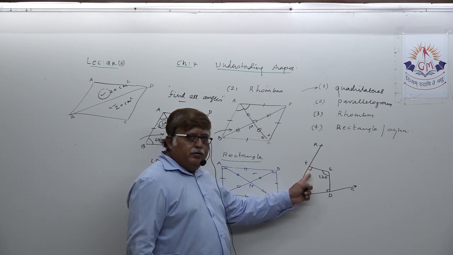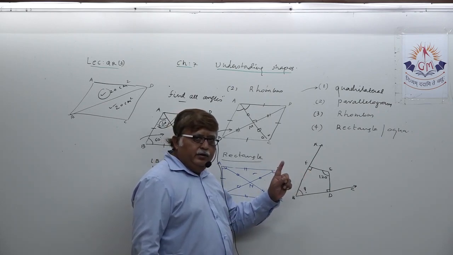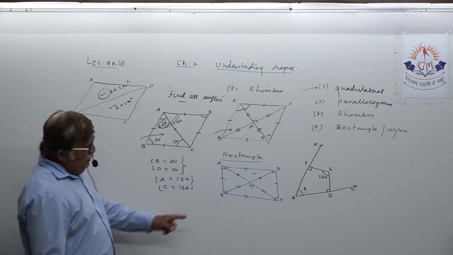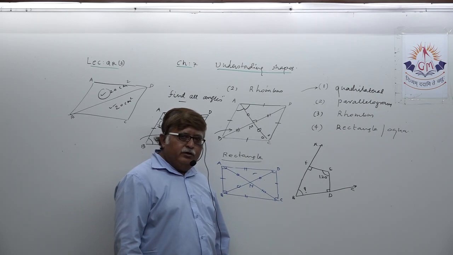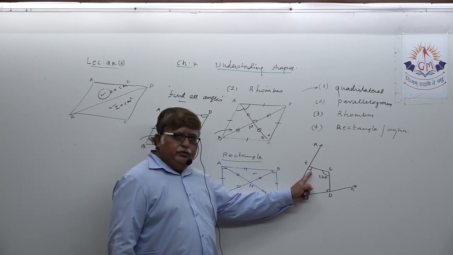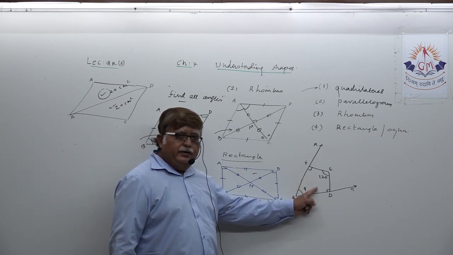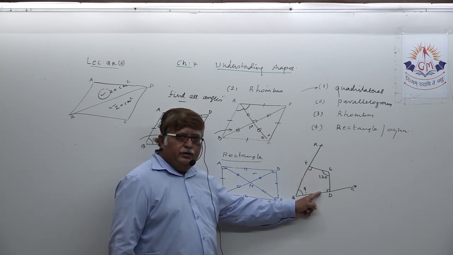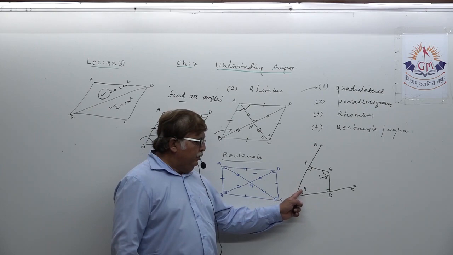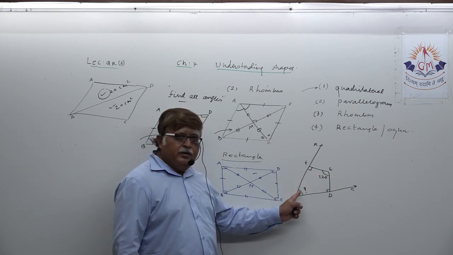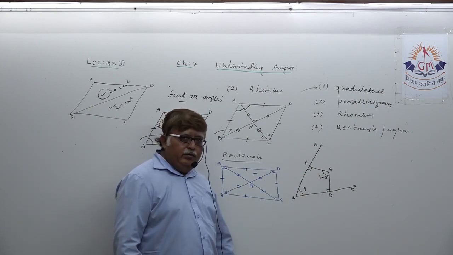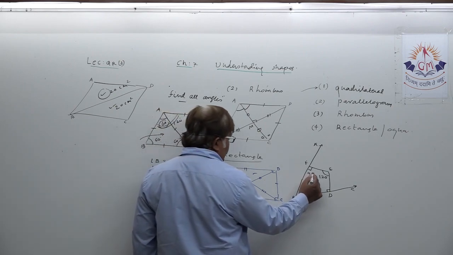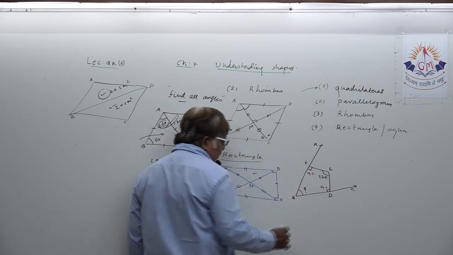Now regarding the quadrilateral, your mindset is very clear: the sum of all angles is 360 degrees. This is 90 degrees, this is 90 degrees, so the sum of these two angles will be 180, 90 plus 90. So obviously the sum of angle B and angle E also has to be 180 degrees.